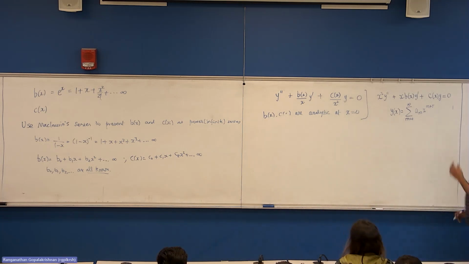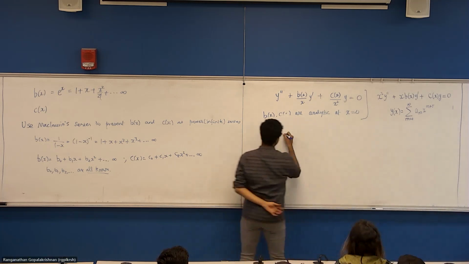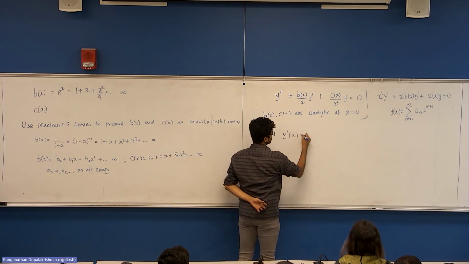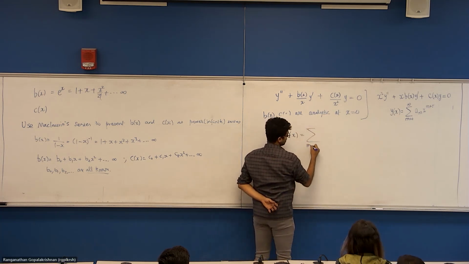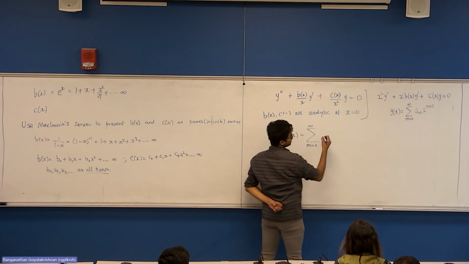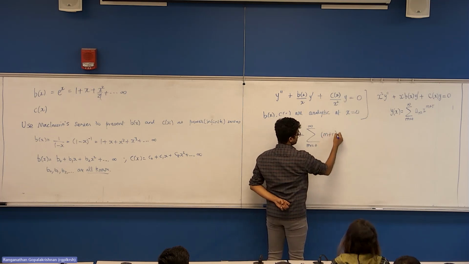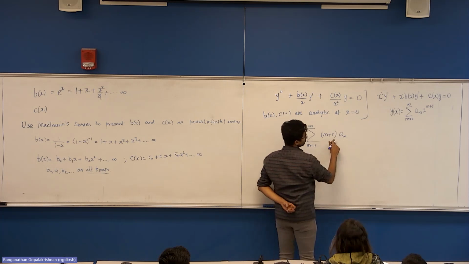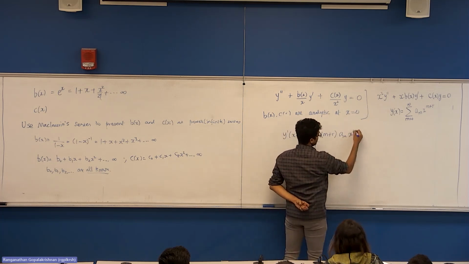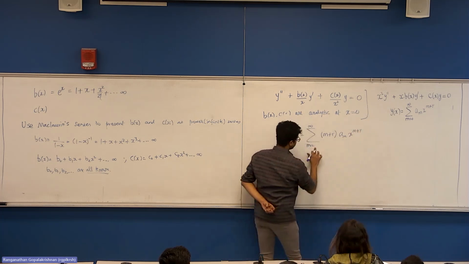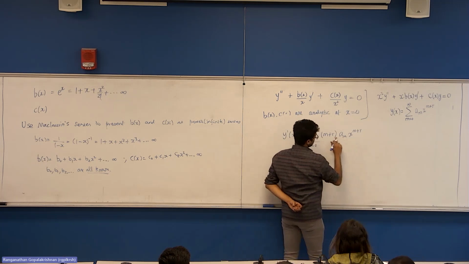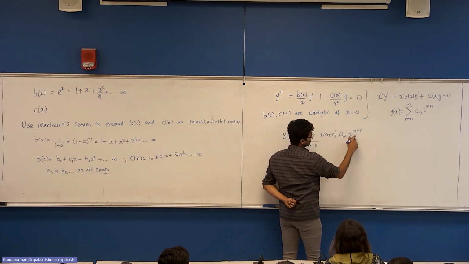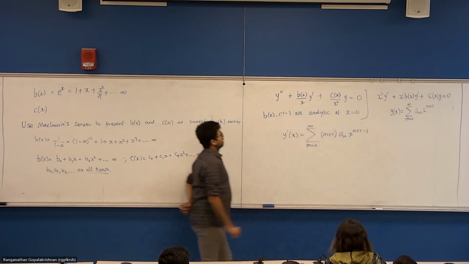So you can compute that. y dash of x is the summation m equals 0 to infinity of m plus r times a_m x power m plus r minus 1.